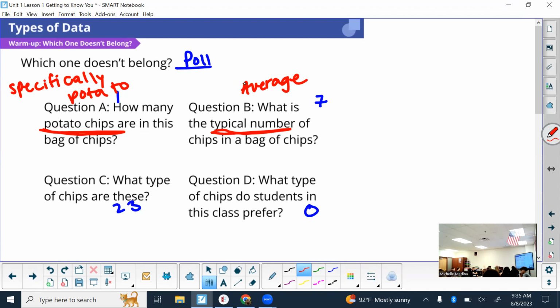What type of answer would we expect from that one? If I asked you what's the typical number of chips, what would you say? Give me an example. But I have multiple different answers. Okay, so give me an example of an answer. What's usually the number of chips in a bag of chips? Estimate.